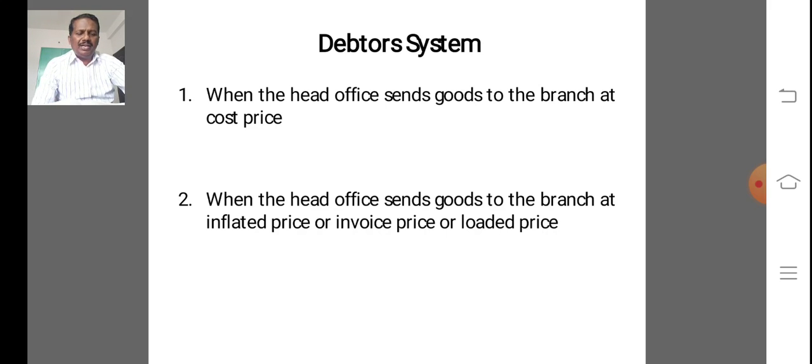The assets and liabilities of the branch at the beginning of the accounting period are treated as given by the head office, and those at the end of the year are treated as returned by the branch to the head office.